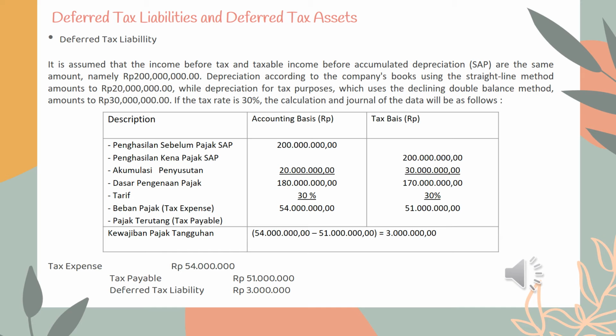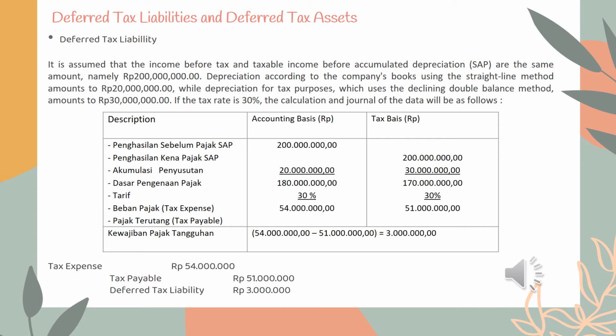Depreciation according to the company's books using the straight line method amounts to 20 million rupiah, while depreciation for tax purposes, which uses the double declining balance method, amounts to 30 million rupiah. If the tax rate is 30%, the calculations and the journal of the data will be as follows.